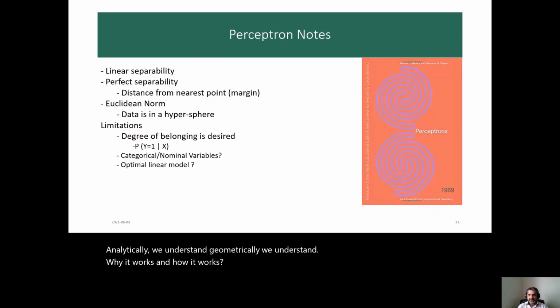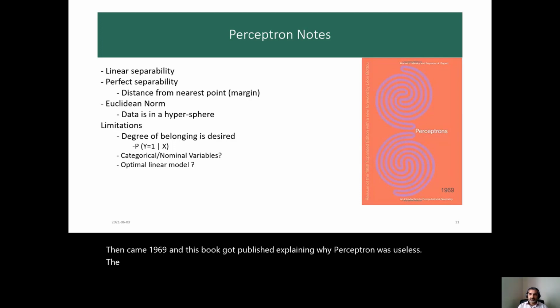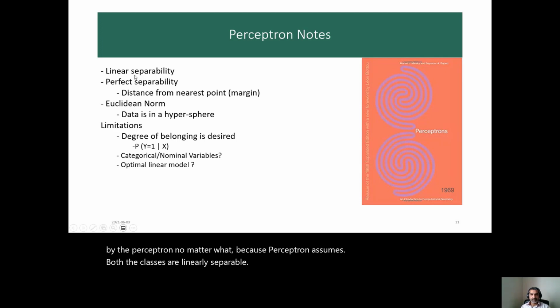Then came 1969, and this book got published explaining why the perceptron was useless. The cover of this book shows two classes, a binary classification problem that is not solvable by the perceptron no matter what, because the perceptron assumes both classes are linearly separable, and perfectly separable, otherwise the perceptron will never stop changing the weights.